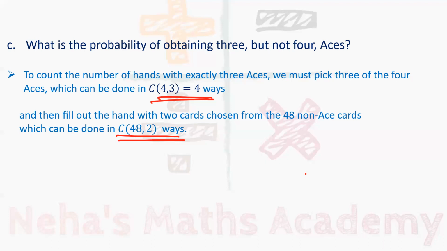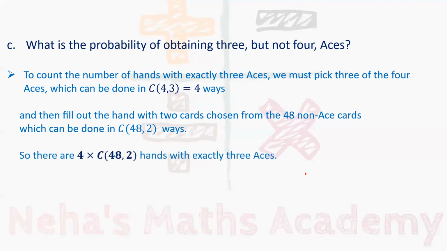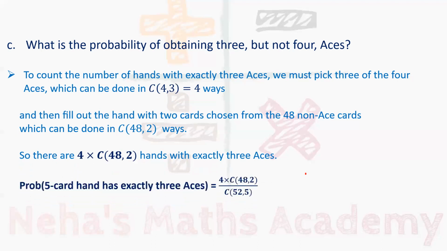And we want this simultaneously, so we use the multiplication principle. By using the multiplication principle, we get 4 into C(48,2). So our required answer, the probability of obtaining 5 card hands with exactly 3 aces but not 4, is equal to 4 into C(48,2) upon C(52,5).